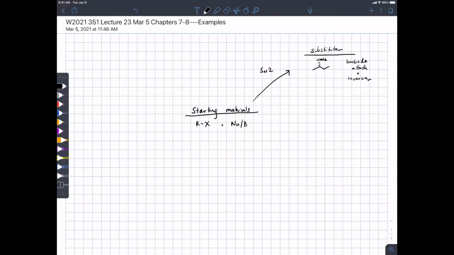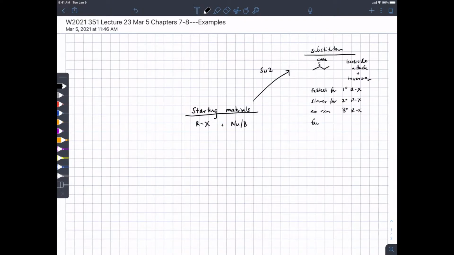In terms of the rate, we know that it's fastest for primary and methyl alkyl halides, slower for secondary alkyl halides, and then no reaction for tertiary alkyl halides.